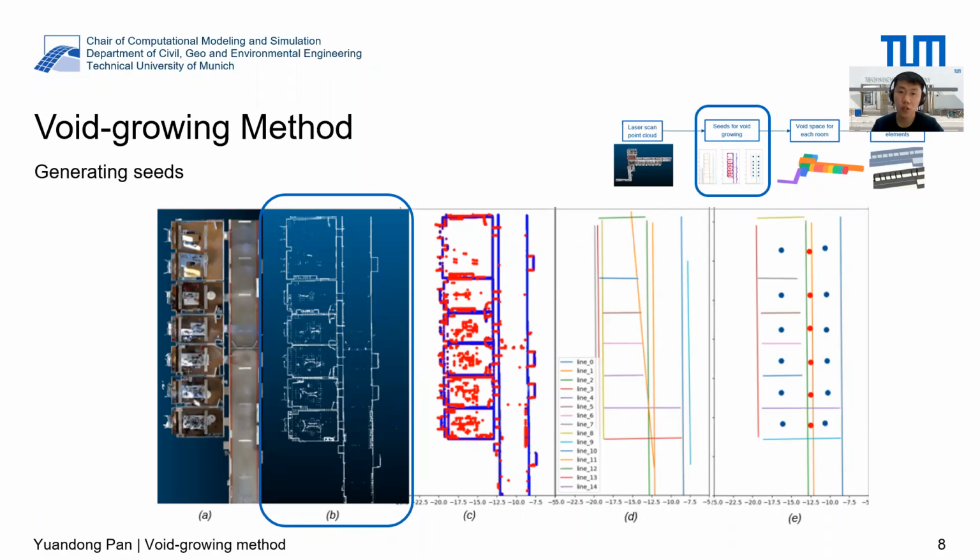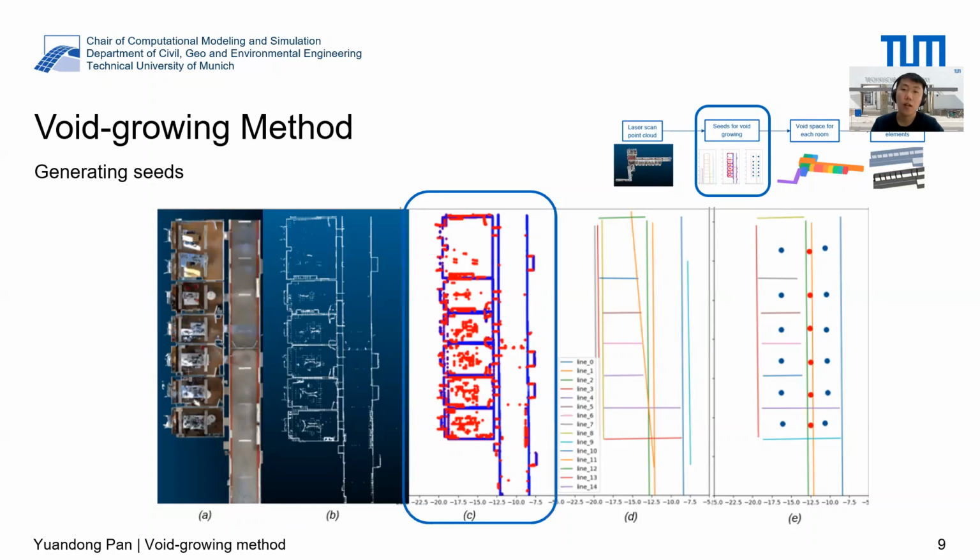Our next step is to use RANSAC to extract lines in the 2D plane. As we use the Manhattan world assumption, we remove the lines that are not parallel or perpendicular to the x or y coordinates.